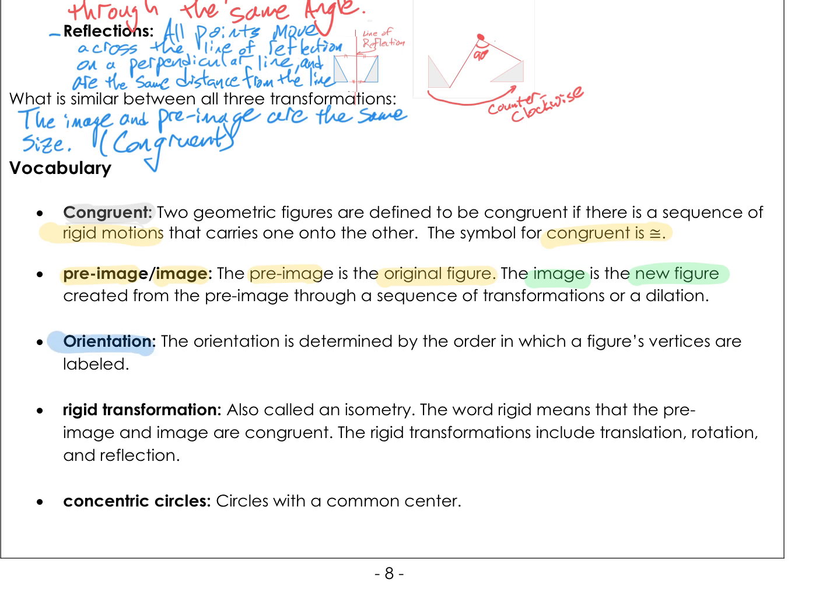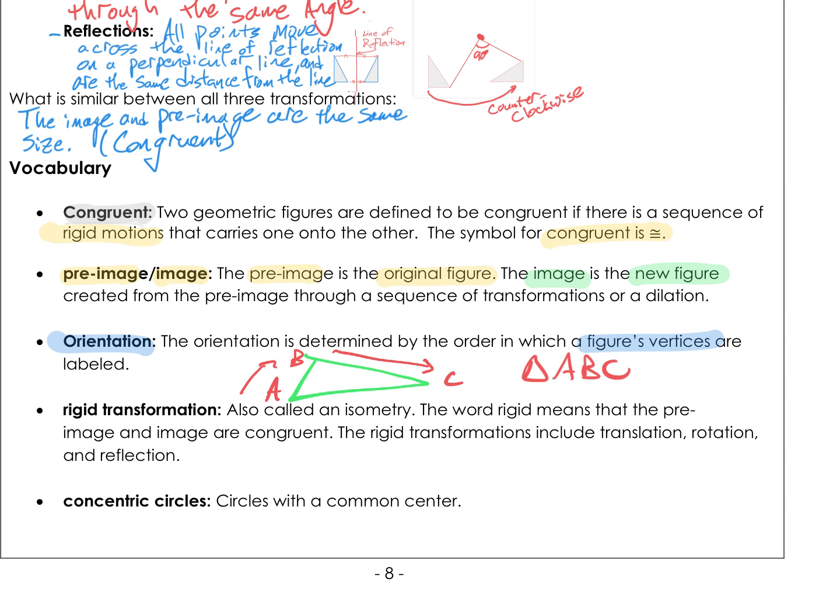It has to do with the order in which a figure's vertices are labeled. If we take a triangle and label it A, B, C, the orientation would be the order we could name it in. We would call this triangle ABC.